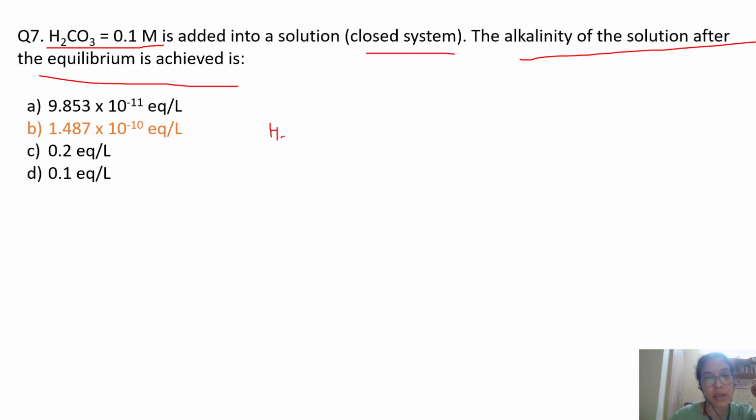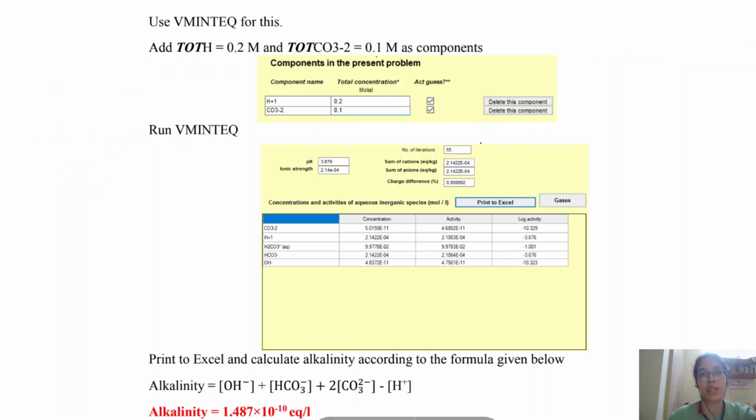I'll try to write it. H2CO3 gives carbonate plus 2H plus. So when we put it as 0.1, how much H will we get? 2 into 0.1, which is 0.2. And how much carbonate will we get? 0.1. So this is what we are feeding in Visual Minteq.